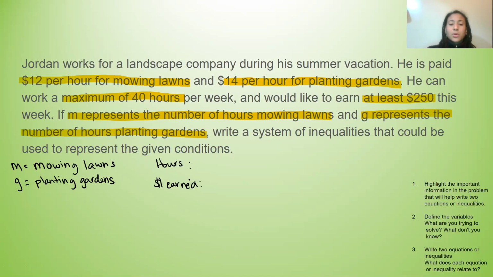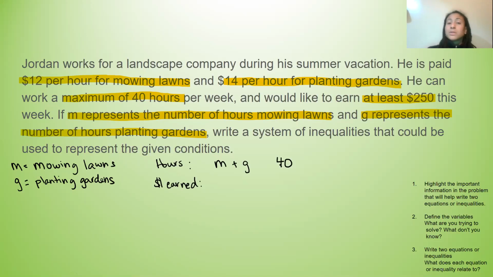Okay, so let's look at it. If we're talking about the hours worked, once again, did they mention that he wanted to do more hours doing one job than the other? No. So we have M plus G, then on the other side is 40.